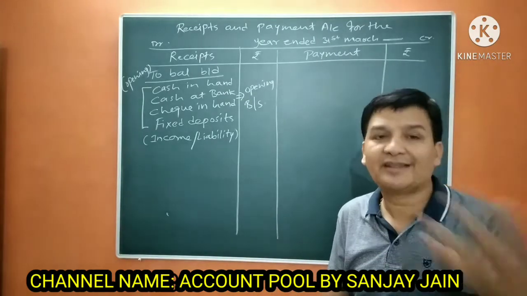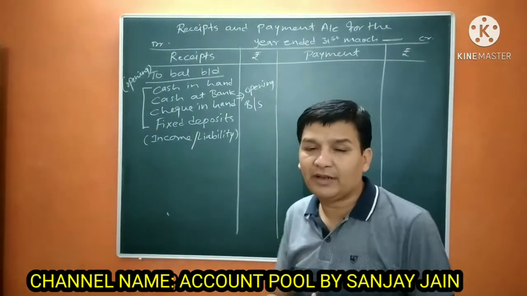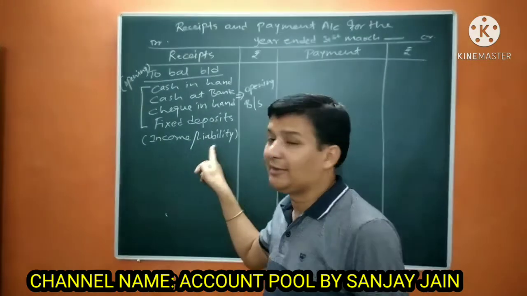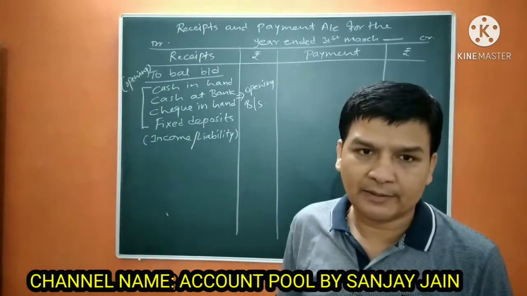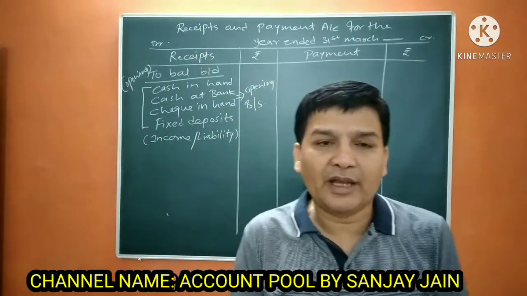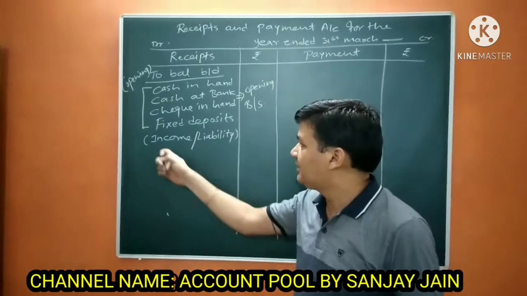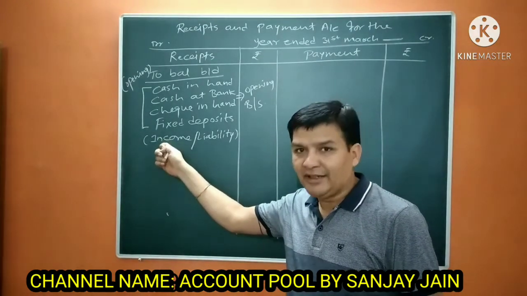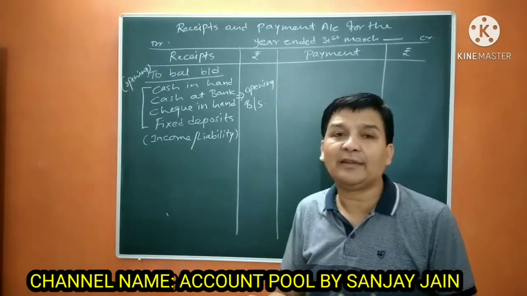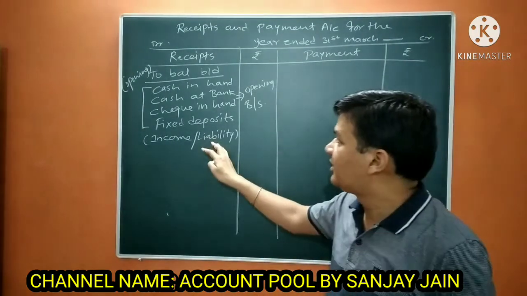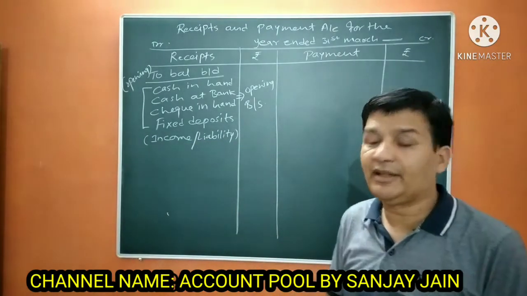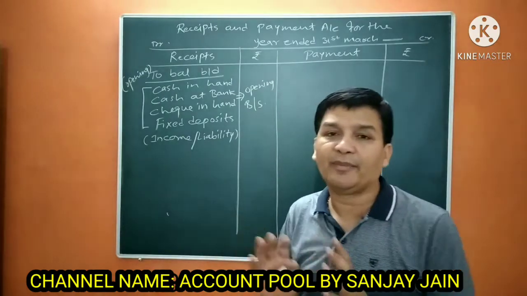We are not paying, we are receiving. That means it may be our income, or we are taking a loan, so it may be our liability. So there are 2 ways by which we can receive money: by earning and receiving income, or by taking loans, that is creating liability. So receipts always include these 2 only: income and liability. This is very easy to remember.